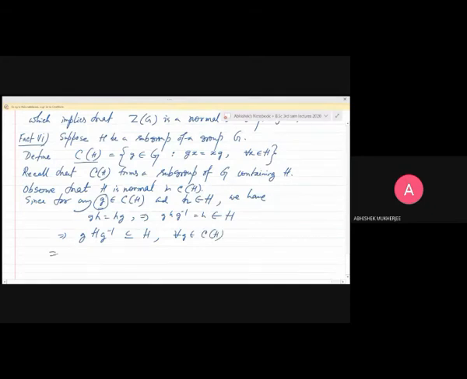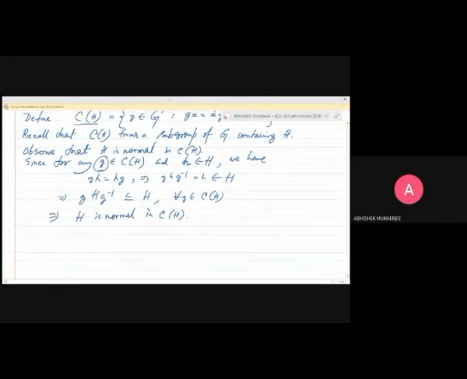And this implies H is normal in C(H). And this group C(H) is called the centralizer of H in G.